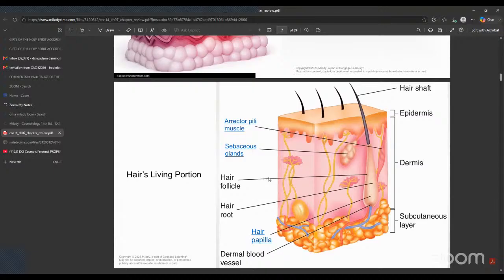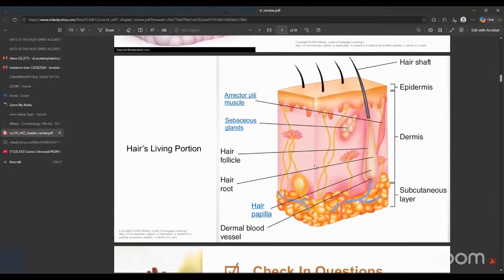When we say our hair is standing on end, it's when we're scared, frightened, or cold. The sebaceous gland secretes oil into the follicle, gives the hair its natural luster. This is why a lot of times you hear people say we don't need any additional oil because our body produces it. But for those individuals that have a lack of oil, that means the sebaceous glands are not producing, so you're going to need something.